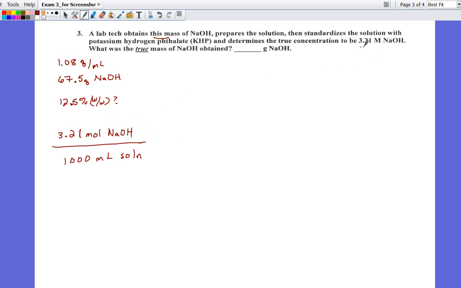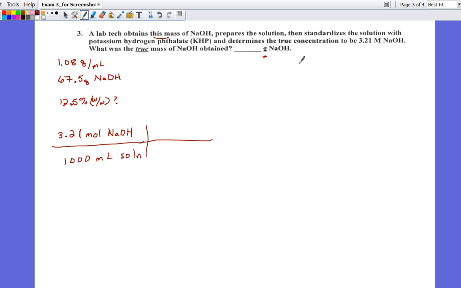So if this is what we really made, then how many grams of sodium hydroxide did we actually get? Well, you know that this part right here, the number of moles per liter, is equal to your molarity, but between moles and grams you can use a molar mass. So you go to your periodic table, which I have in front of me.